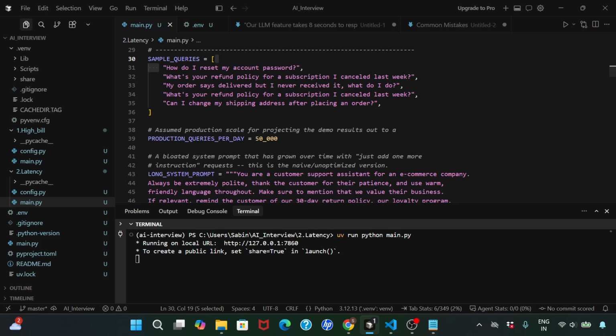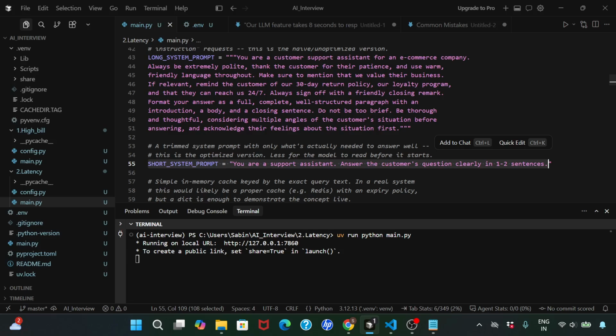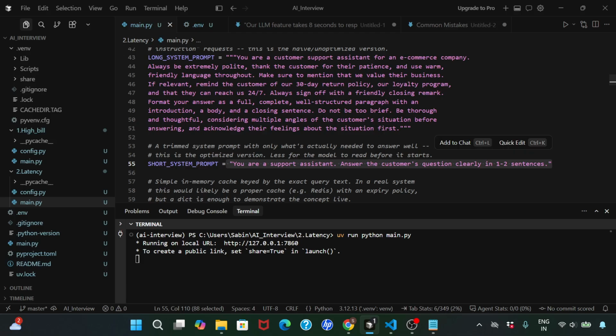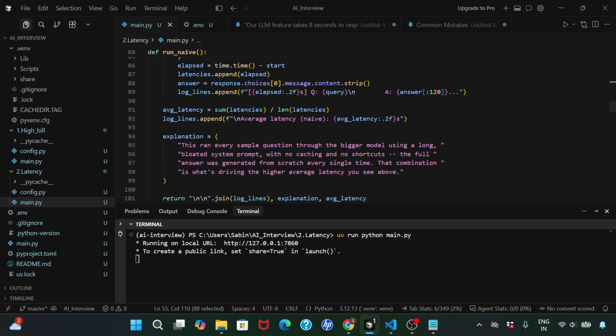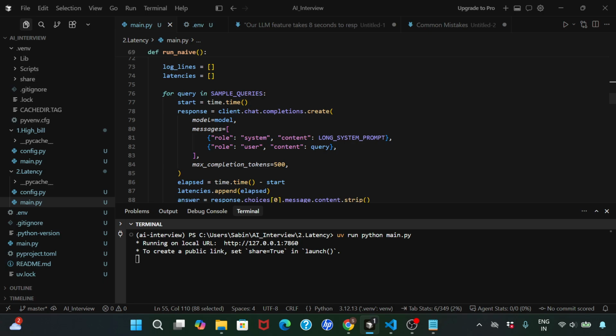The second thing is, because your system prompt is fairly short, instead of sending this many tokens, we are only sending a small bit of tokens. And because it is using a cheaper model, it does not take that much time to think. It will give you the output, and we are capturing all those details here. So at a very high level, this is what we are doing.